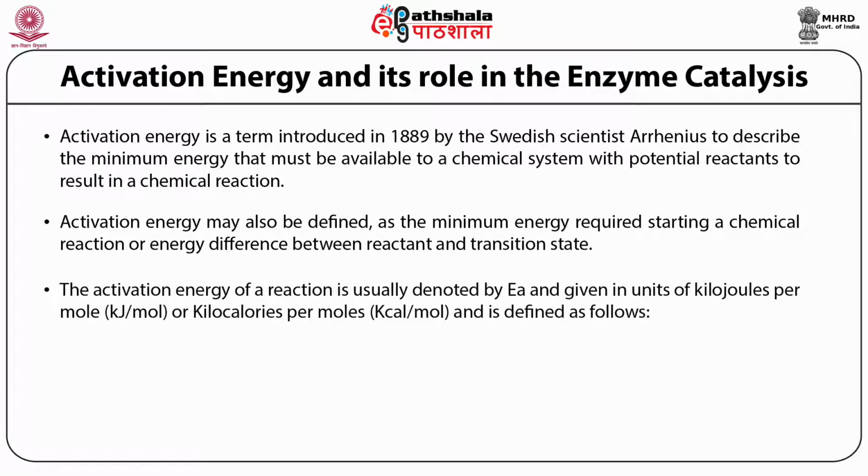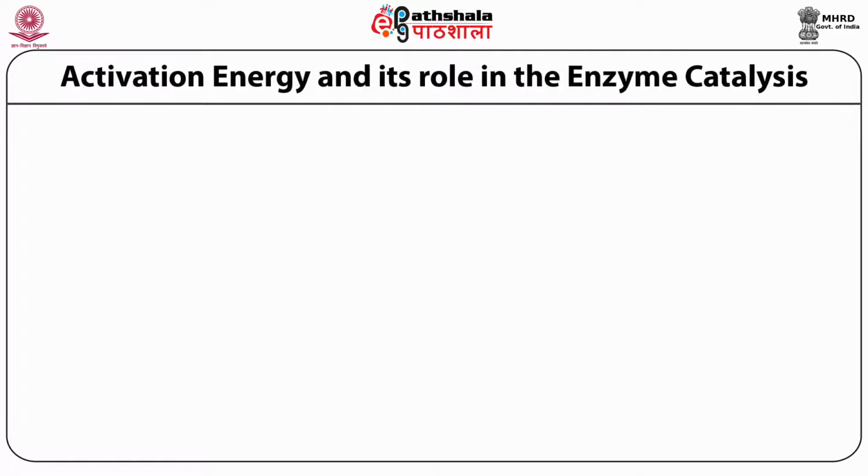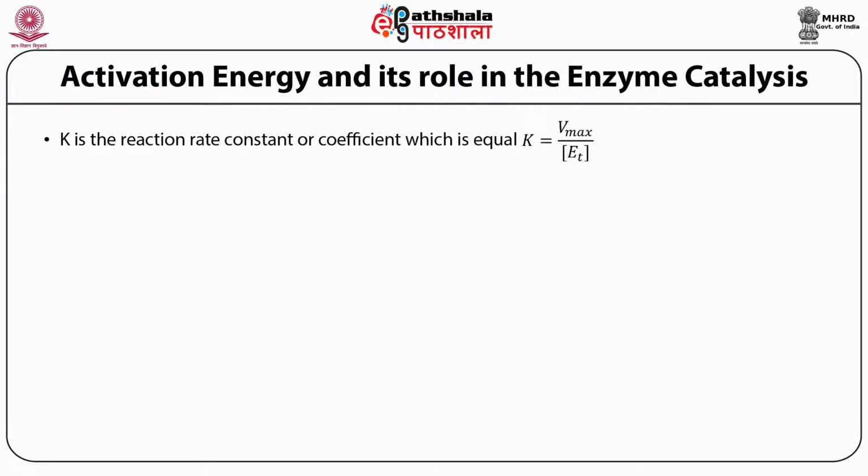Activation energy of a reaction is usually denoted by EA, and it has a unit of kilojoule per mole or kilocalorie per mole. It is defined by the Arrhenius equation, which is k equals A e to the power minus EA upon RT, where k is the reaction rate constant or reaction rate coefficient, which equals Vmax by ET when you're talking about an enzymatic reaction.